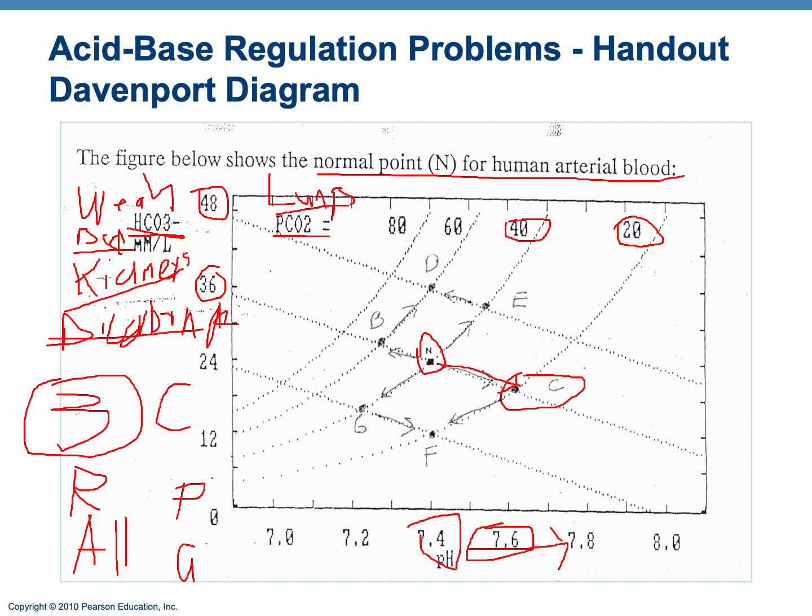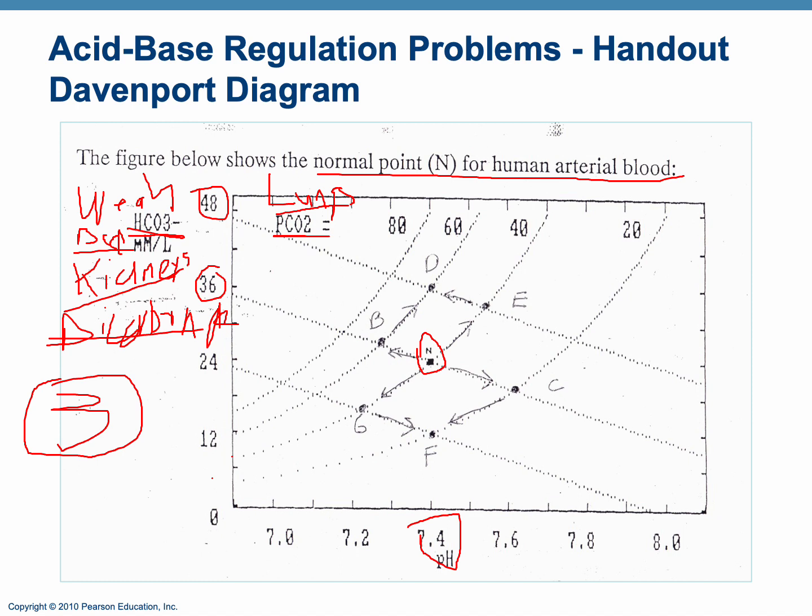Now we're going to take a look at our last acid-base state today on the graph. And that's looking at problem set number 4. All right, number 4. Looking at position letter G. So going down like this, here is letter G on the graph.